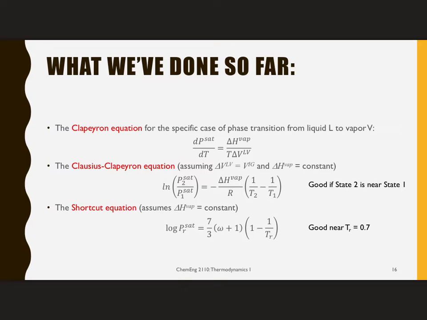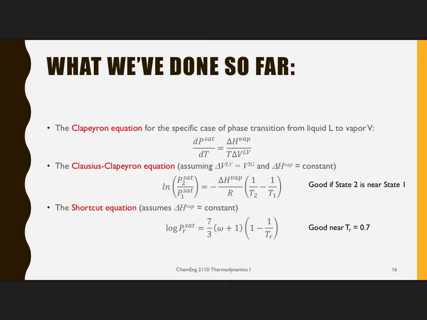We're making two different assumptions. One is that the vapor phase is fairly close to being an ideal gas, and that the change in enthalpy or volume is fairly consistent throughout the change of temperature you're talking about. So that means you're able to integrate it.